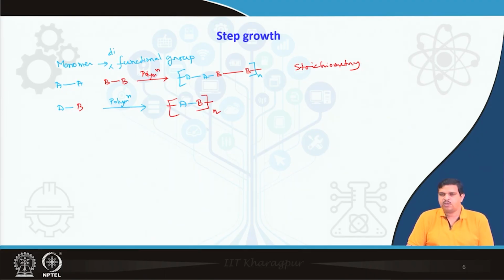So, you have to maintain the stoichiometry, and also there should not be any side reaction between A functional group and B functional group. Okay. So, these two things you have to keep in mind. And as I told, none of the functional groups should be highly reactive. So, no reactive intermediates exist in this step growth polymerization.